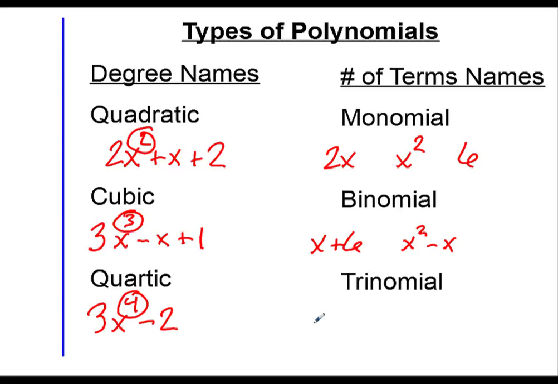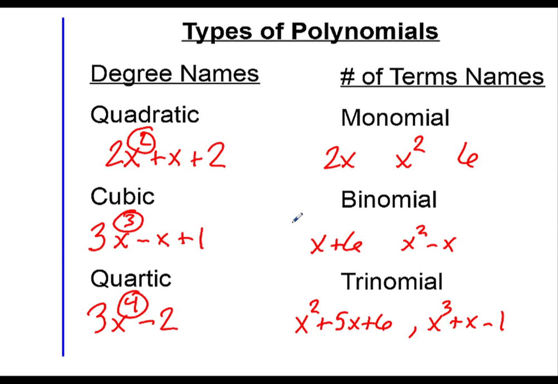Trinomials are what we're used to seeing with quadratics, such as x squared plus 5x plus 6, but they could include things such as x cubed plus x minus 1. Even though there's not a square in here, it is still a trinomial: 1, 2, 3 terms. So the one we're most familiar with is this one right here, which is a trinomial that is both quadratic and has 3 terms.